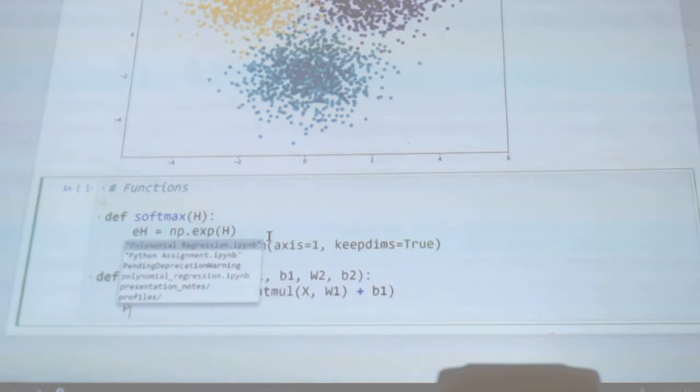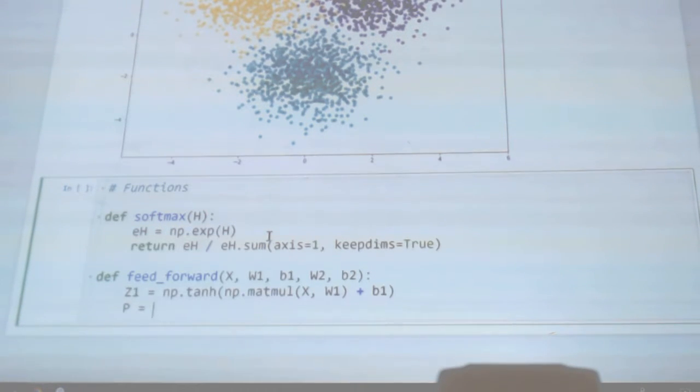Then our output is just going to be the softmax of Z1 with W2 and then plus B2. What is B2 again? It's our second bias, so our bias weight at the second layer.